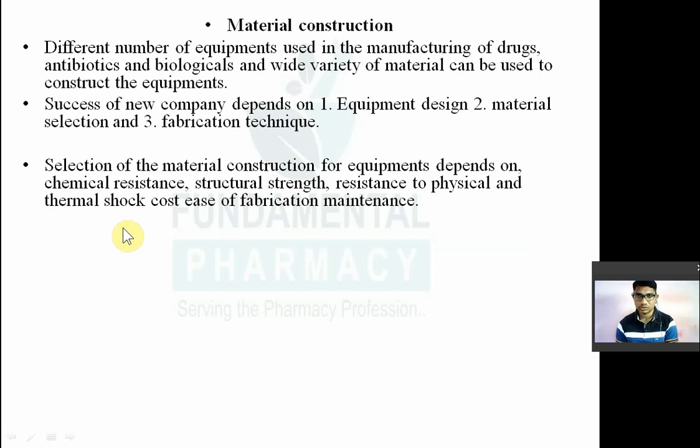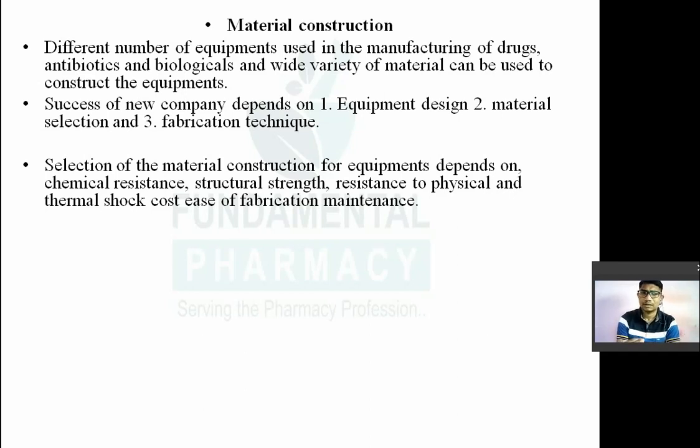So whatever material you are using, अगर आपको कोई बॉयलर बनाना है या फिर आपको कोई डिस्टिलेशन यूनिट बनाना है, so whatever material you are using for the distillation unit, that should be chemical resistant, water resistant, and should have structural strength, enough mechanical strength. For example, in case of aerosols, your container should have enough mechanical strength to withstand the high pressure.